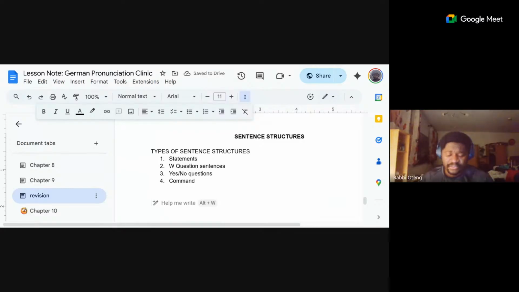So we have the same sentence structures in German. With statement sentences, they follow the same rules as in English.